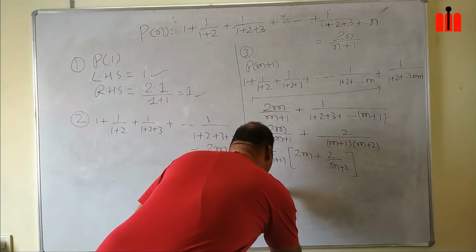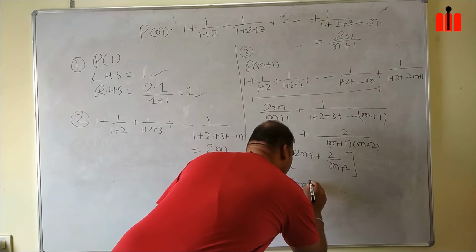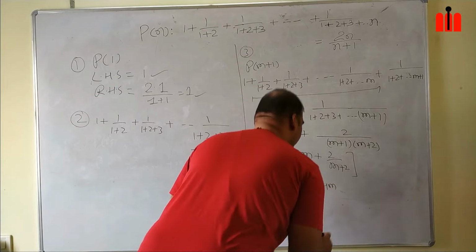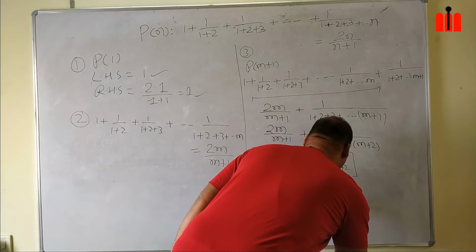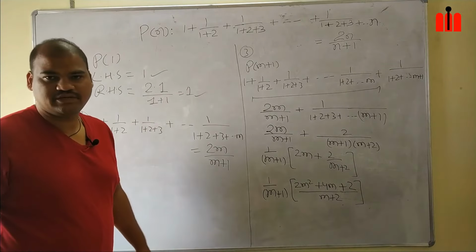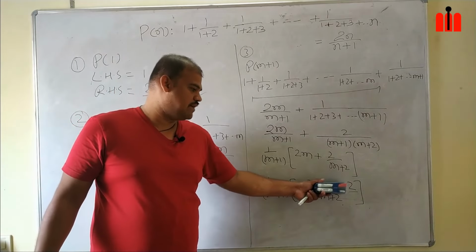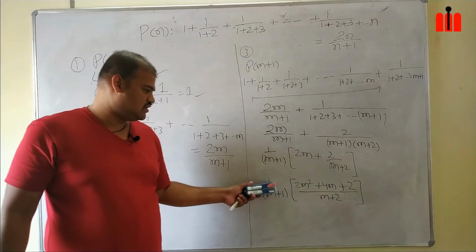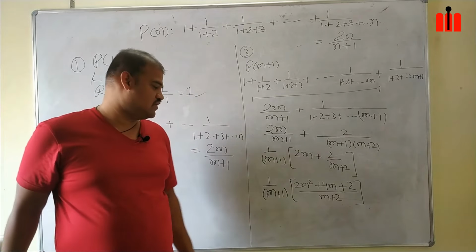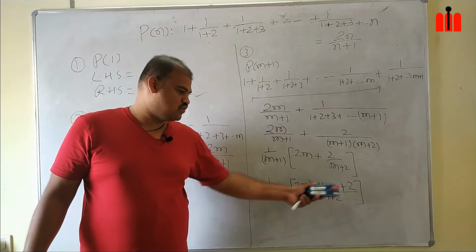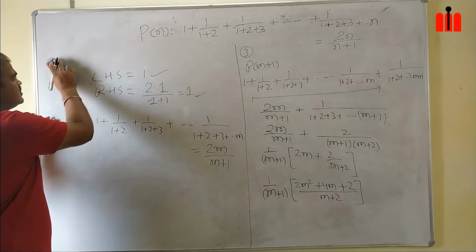Then you will get 1/(m+1) times (2m² + 4m + 2)/(m+2), right? Now you take 2 common, then it will be m² + 2m + 1. Now m² + 2m + 1 is (m+1) whole square. So you will get 2 into (m+1) whole square over (m+2).